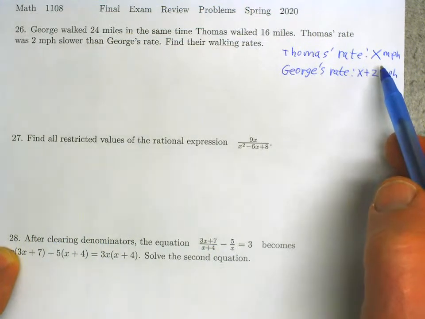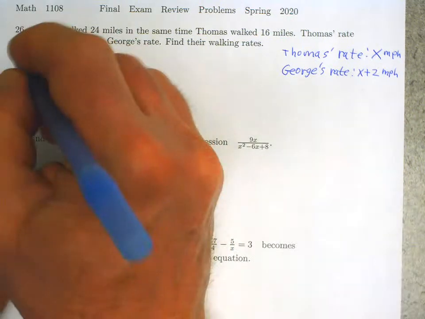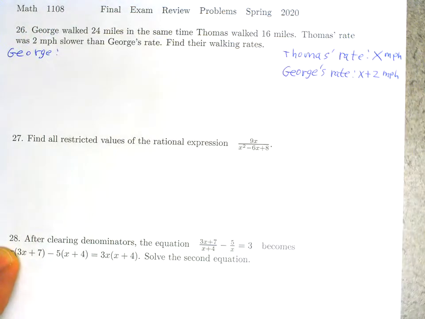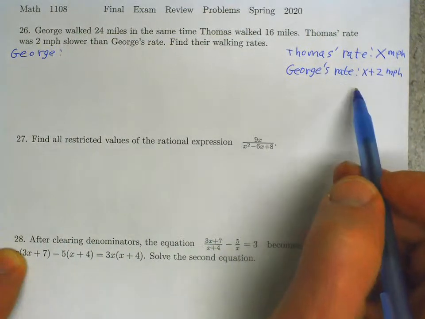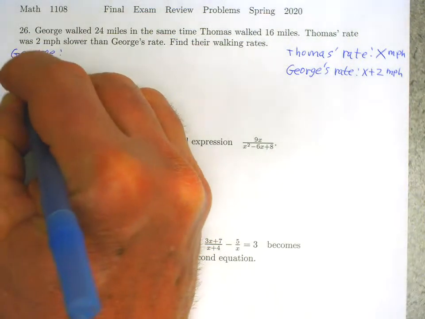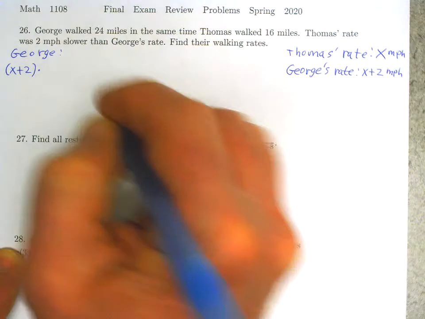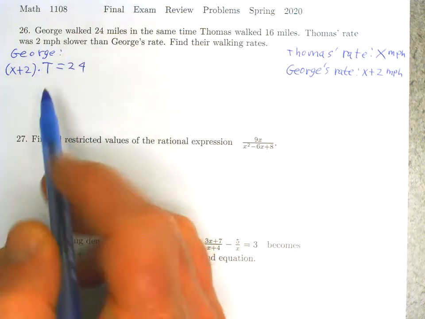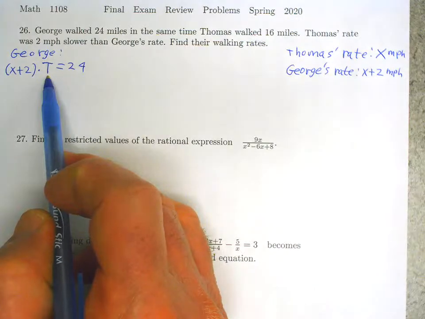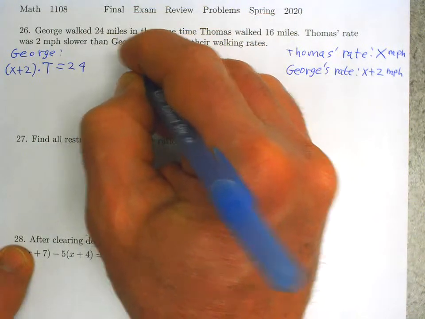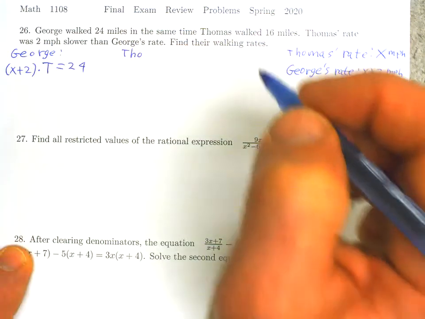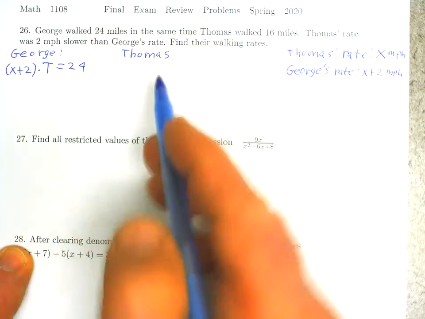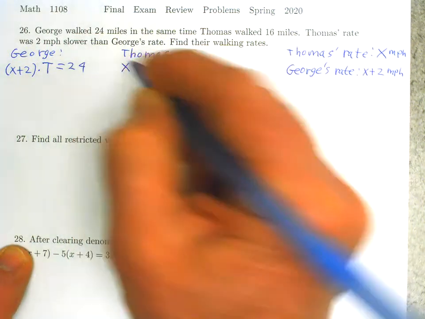Okay, for George, we can write a rate times time equals distance equation. His rate is x plus 2 miles per hour. And he can walk 24 miles in the same amount of time that Thomas can walk 16 miles. Okay, so Thomas's rate, we're using x to represent Thomas's rate.